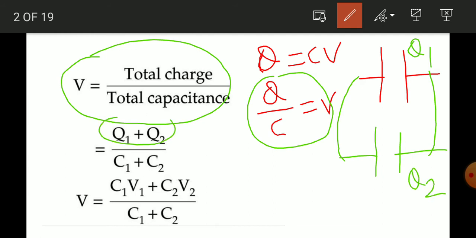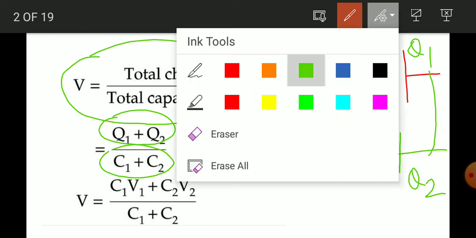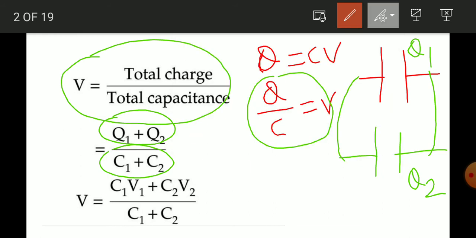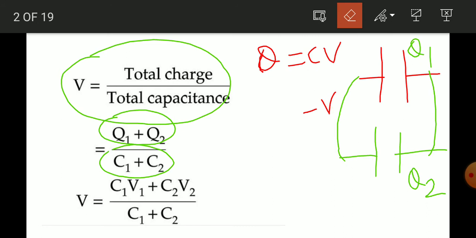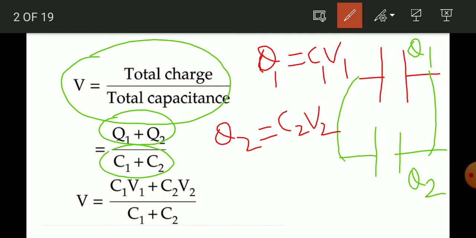So it is total charge divided by total capacitance. If charges are not given, we can replace them. For example, Q1 will be equal to C1 V1 and Q2 will be equal to C2 V2. I hope we are aware of this formula. This is the formula for common potential.